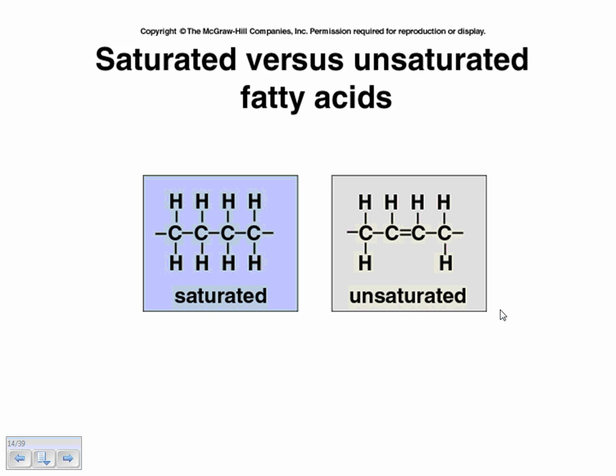On the other hand, these 2 carbons right here are only bound to 3 things, and they share a double bond in the middle. So the basic difference on a chemical level is that saturated fats contain only single bonds between carbons, whereas unsaturated fatty acids have some double bonds between carbons. That doesn't sound all that important.